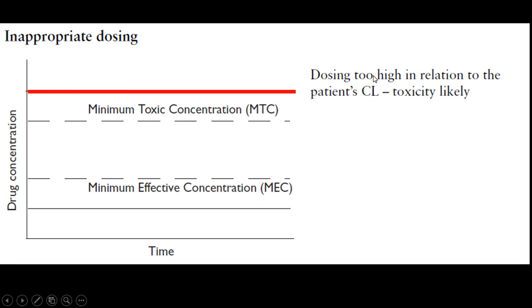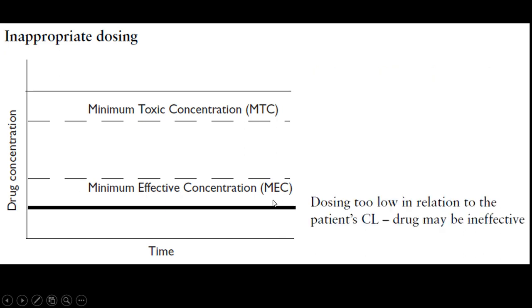The concept of clearance will be given just later, but for now, clearance is the body's capacity to clear the body of that drug. If clearance is low, then toxicity will be there. If clearance is high, then even the minimum effective plasma concentration will not be achieved.